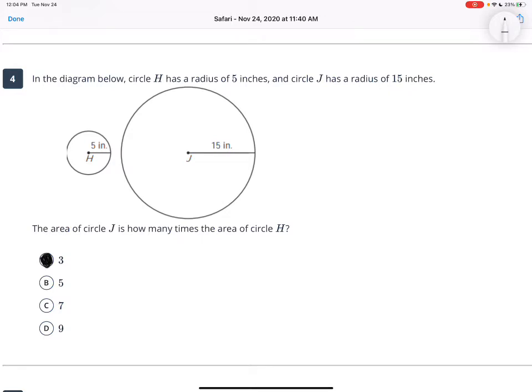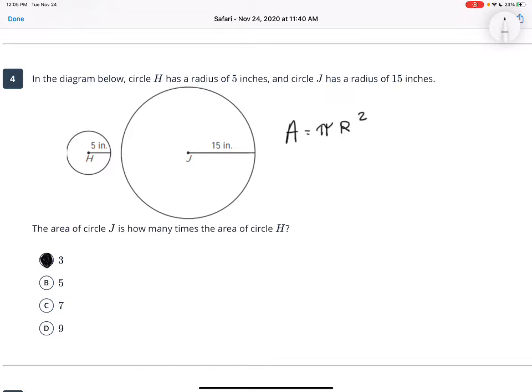But since I'm an overthinker and I always check to make sure I select the correct answer choice, I'm going to check it. What I mean by checking it is I'm going to substitute the value of my radius into the formula. I hope I'm wording that correctly.